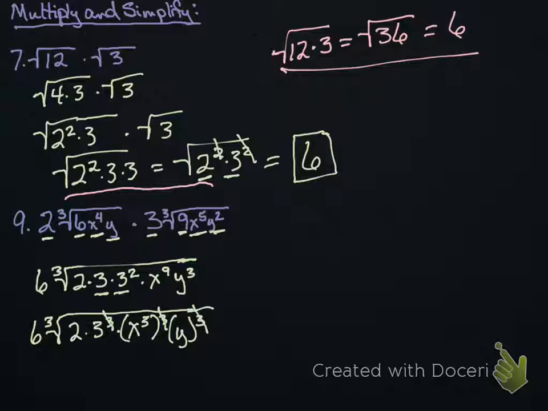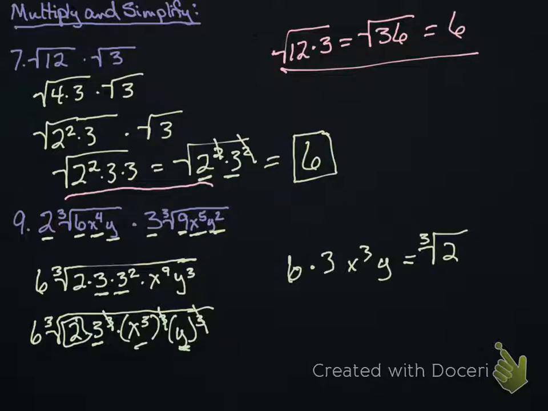I've still got my 6, and then I'm going to multiply that by what I bring out: my 3, my x cubed, and my y. That leaves me with the cube root of 2 still underneath.